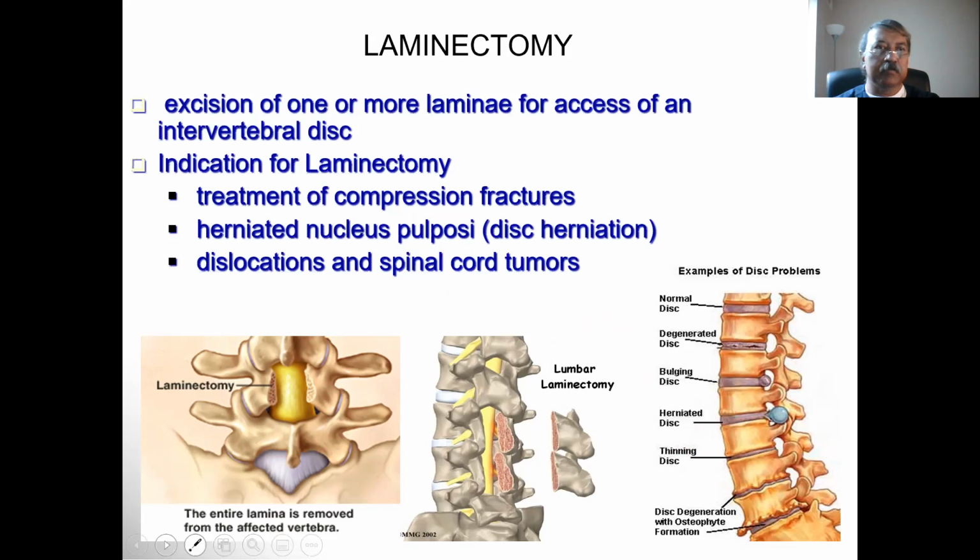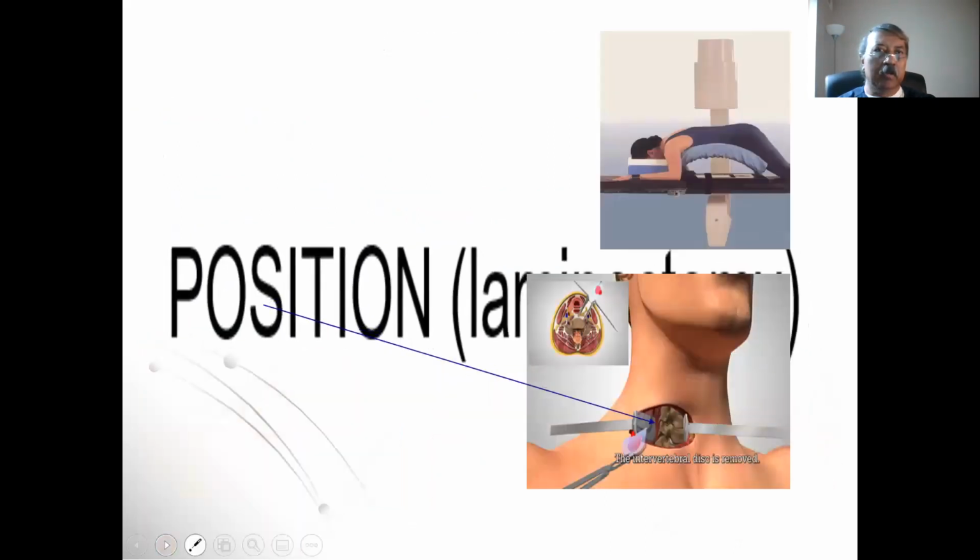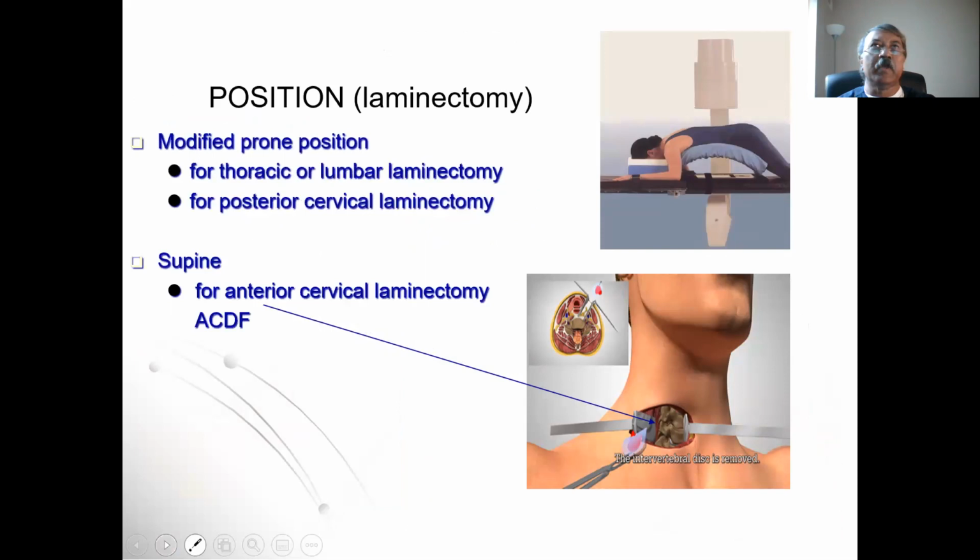Next, we have positioning for laminectomy. Lumbar laminectomy, most thoracic laminectomy and posterior cervical laminectomy can be done using this prone positioner, the Wilson frame.